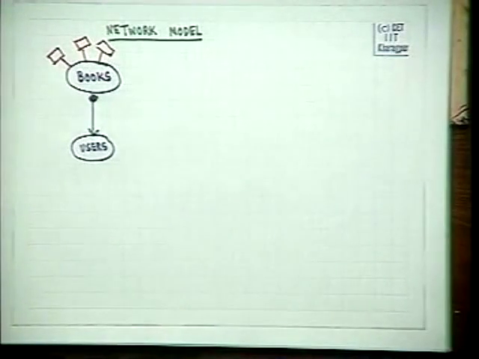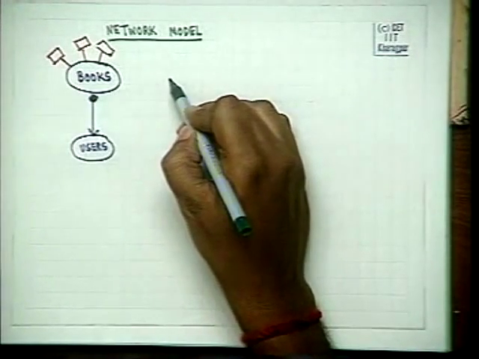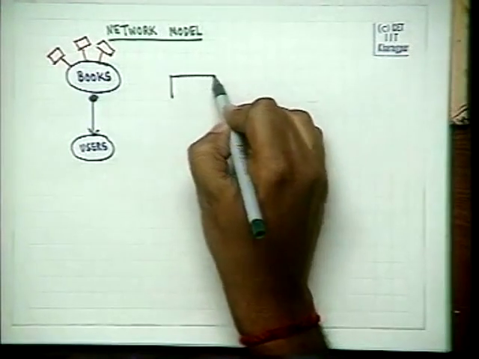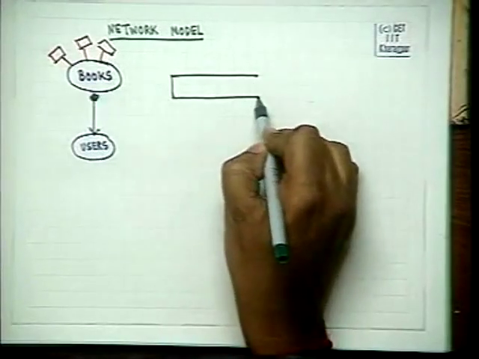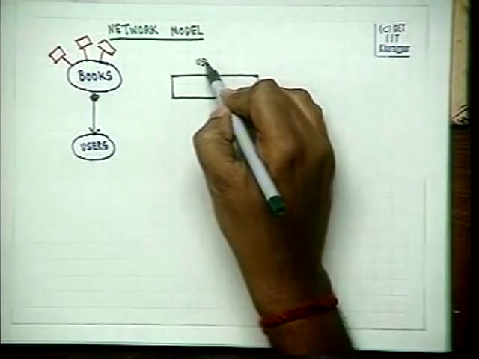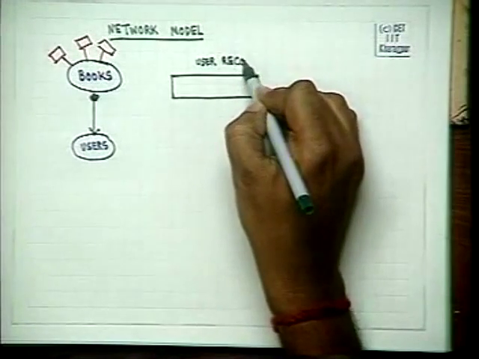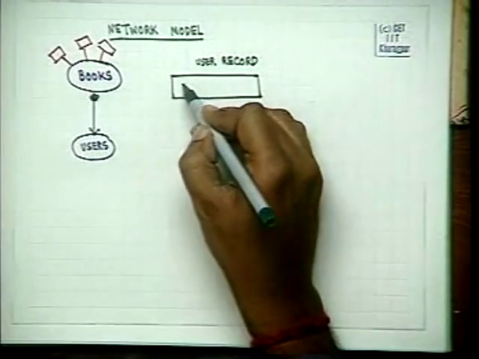And how is it going to look in the network model? Let us take a particular user. This is a particular user record. It will have many fields.